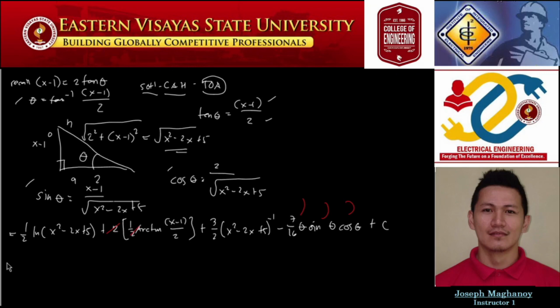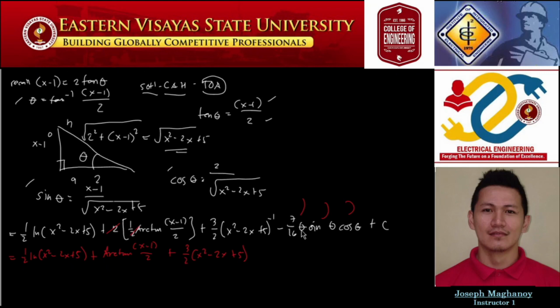So your final answer, 1/2 ln of the quantity x squared minus 2x plus 5, plus arctan of x minus 1 over 2, plus 3/2 times x squared minus 2x plus 5.